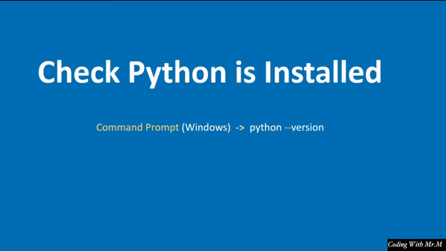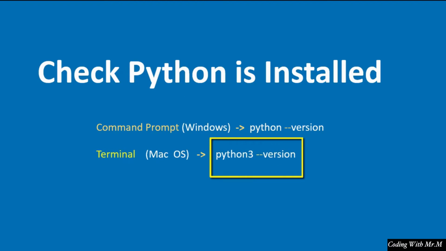If you are using a Mac, the command will be python3 --version. The reason you type python3 on a Mac is that Mac already has Python version 2.7 pre-installed. So if you want to check for version 3, you have to type in python3 --version to return the version 3 you have installed.